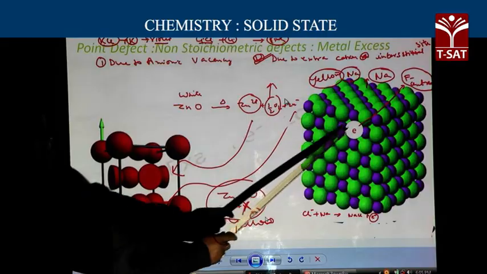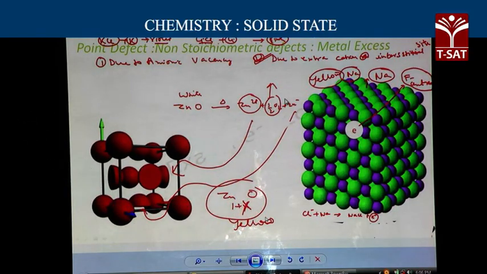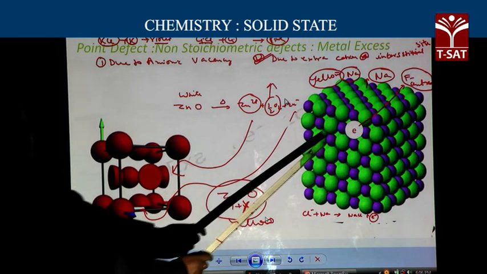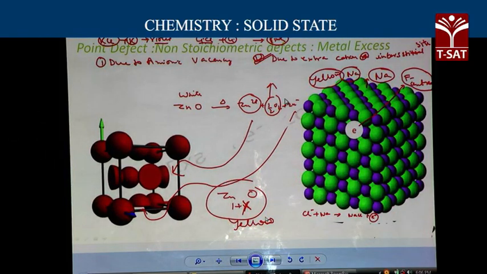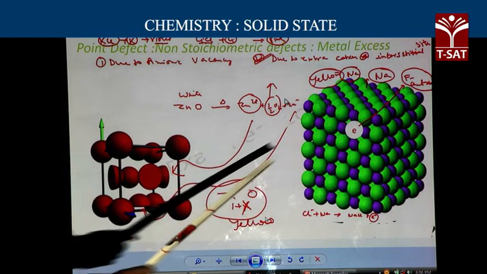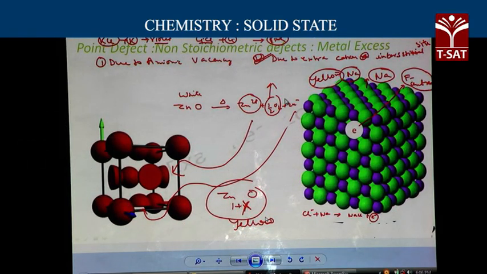At one of these places, say at this corner, an anion is missed. A hole is formed in the place of this anion.